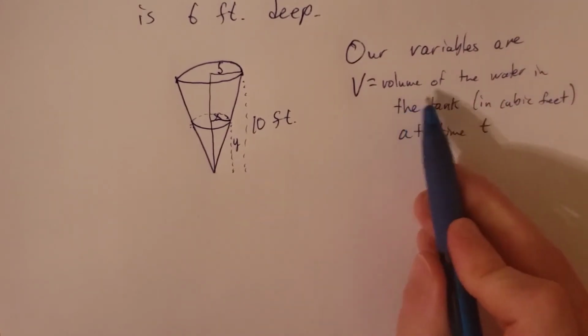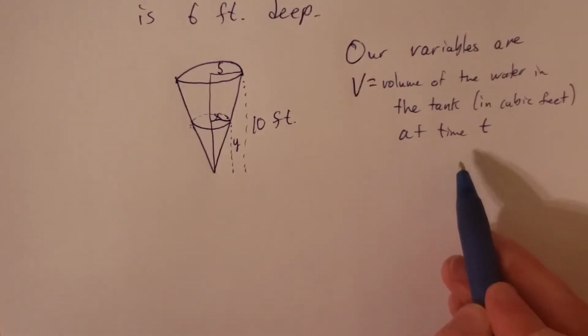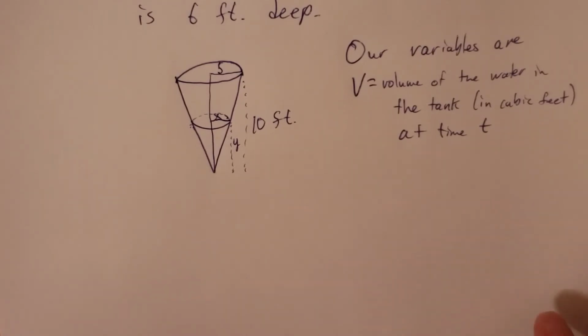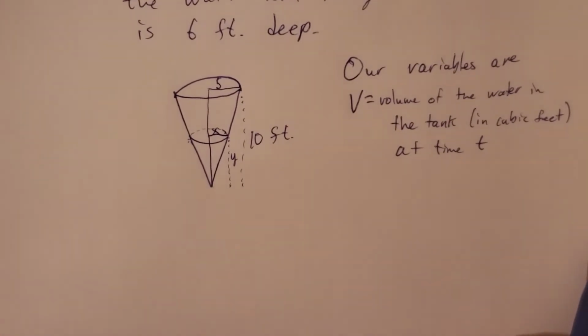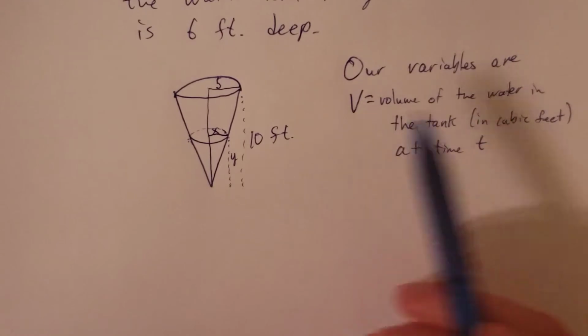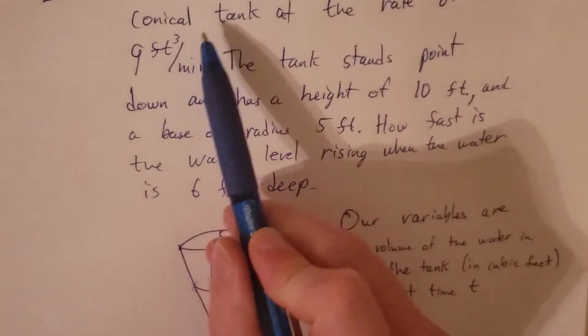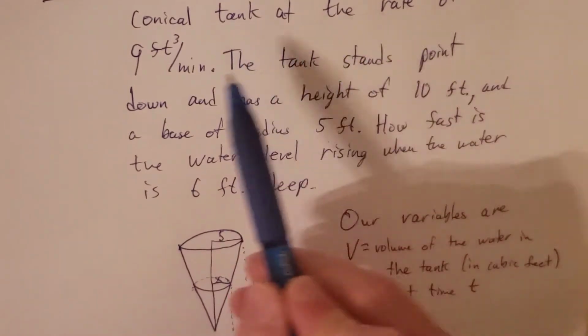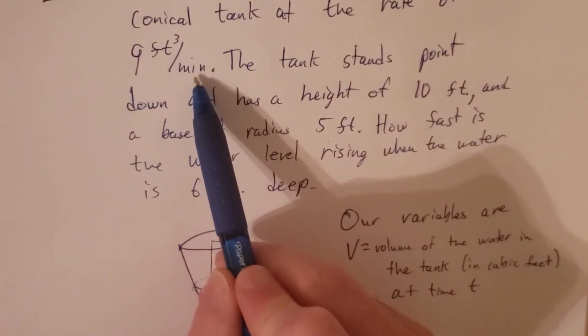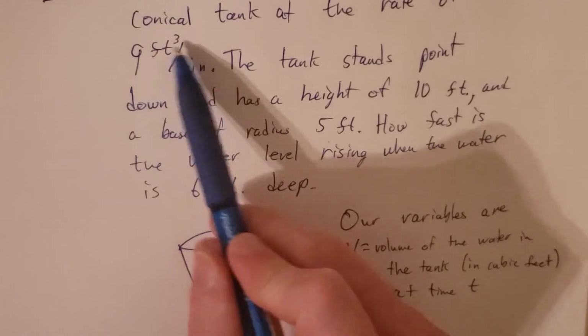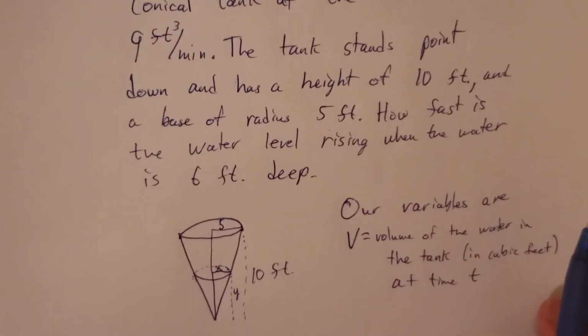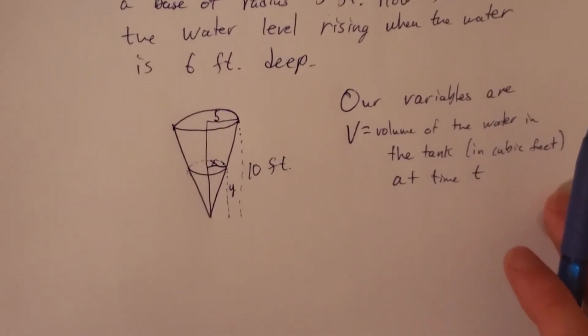So V is the volume of the water in the tank at time t. All right. And why do we even think that that's going to be useful? We were told that the water runs into the conical tank at a rate of 9 cubic feet per minute. So we're talking about a volume of water here.